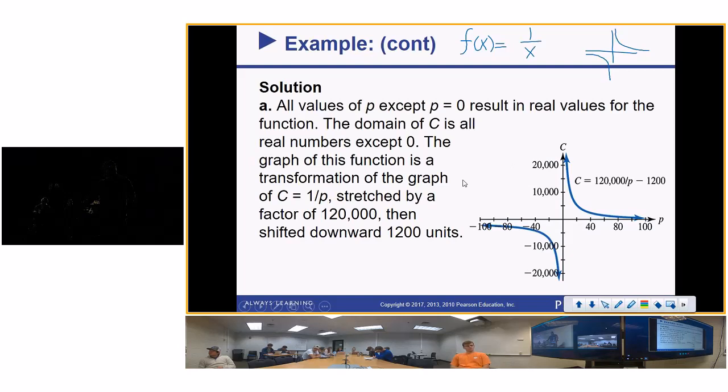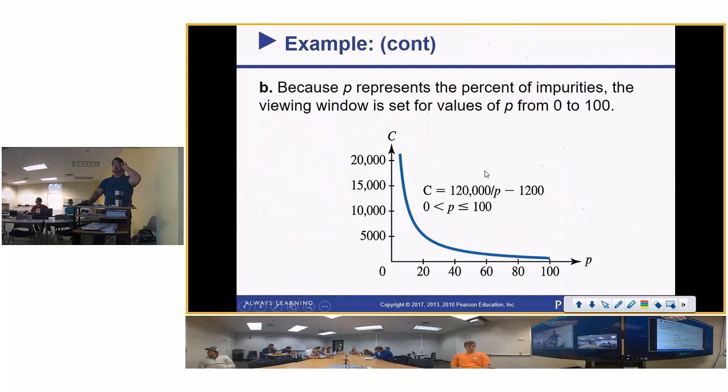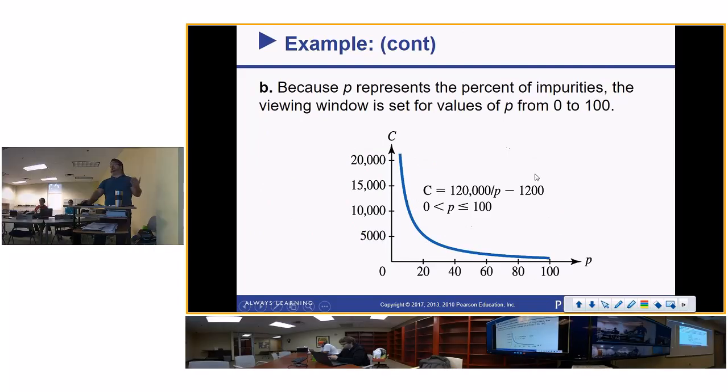Because they said that they made this equal to, I think they just took a 0 off or 2 zeros, and just down 1,200. Oh yeah, that's 1,200 right there. All right, and they're just looking at the first quadrant because this is a business type question. So that's why they're doing from 0 to 100.